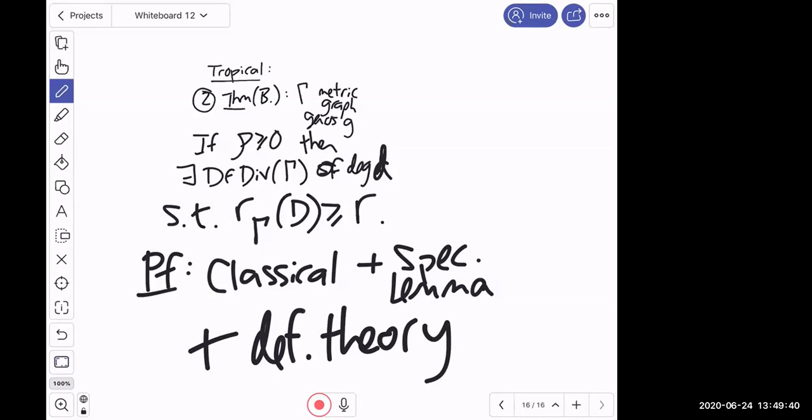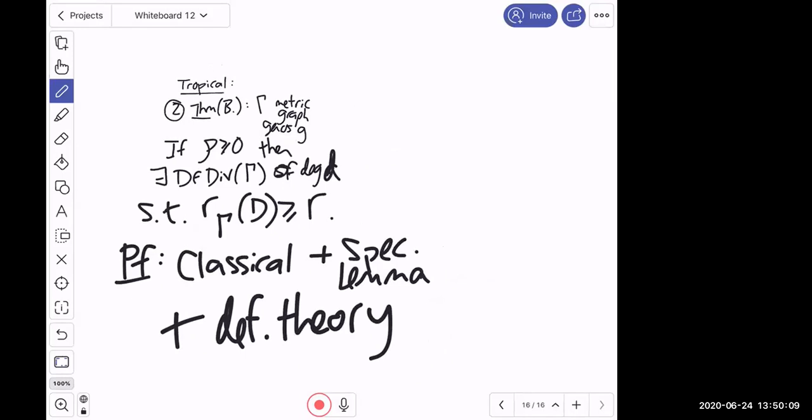Now, this last part I don't want to get into right now, but this was essentially a known result. Certainly for graphs and regular models, it was known. In the context of non-discretely valued fields and maybe metric graphs with irrational edge lengths, I don't think this was technically known before, but the tools for doing this were known. So what is the point though? The point is we're starting with a metric graph gamma.